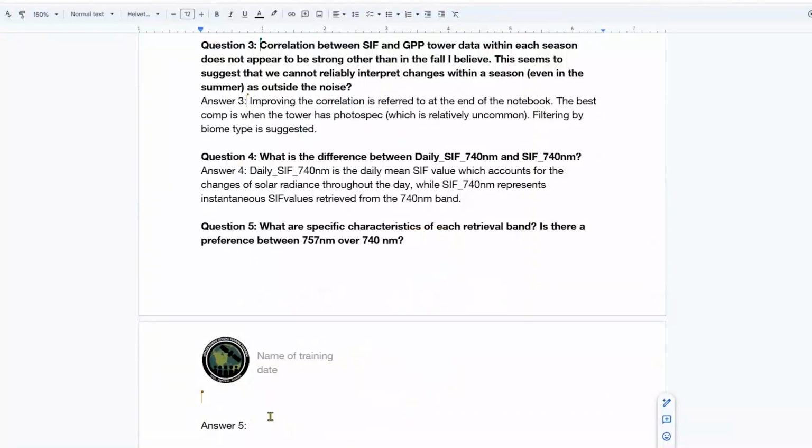I'll let Junjie add any details if she'd like, but the 740 nanometer data will generally have a stronger SIF signal, but it doesn't come from a measurement taken directly by the instrument. So it's interpolated from the 757 and 771 data. If you would prefer to use a measurement directly from the instrument, that's a case when you would want to use 757 instead.